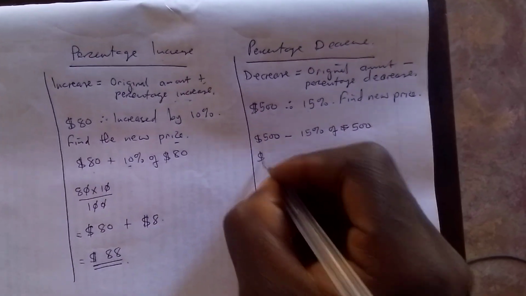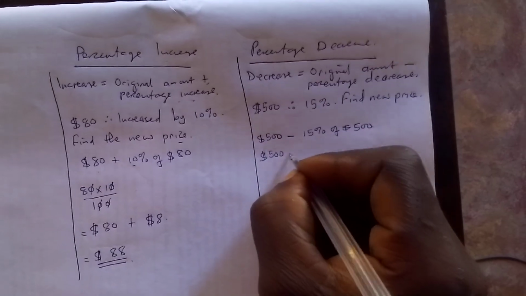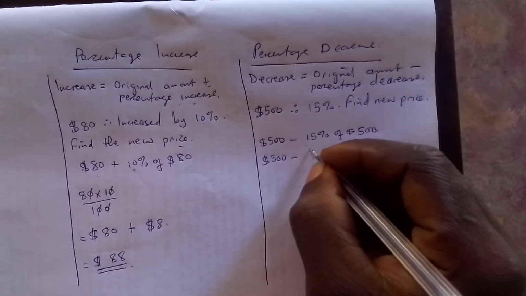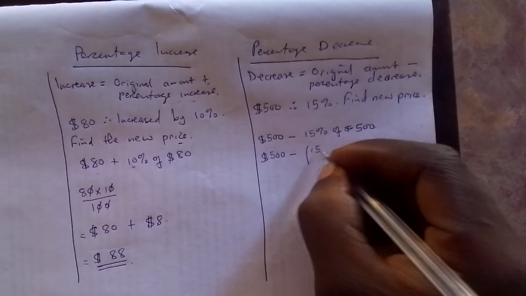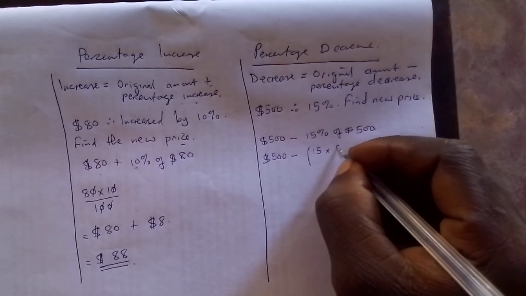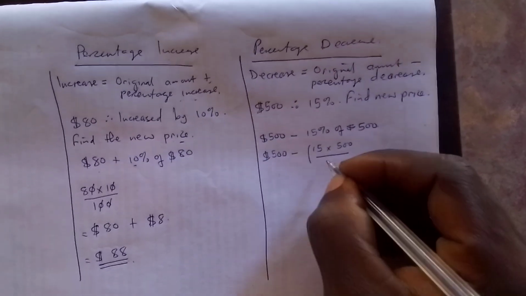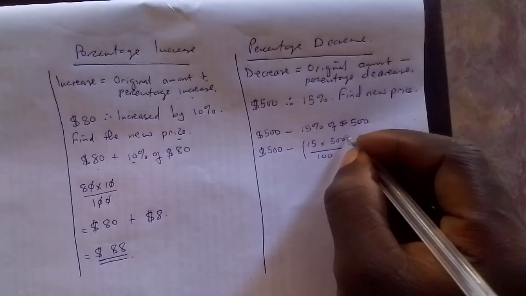Now, 500 minus, let's open a bracket, 15 times 500 divided by 100.